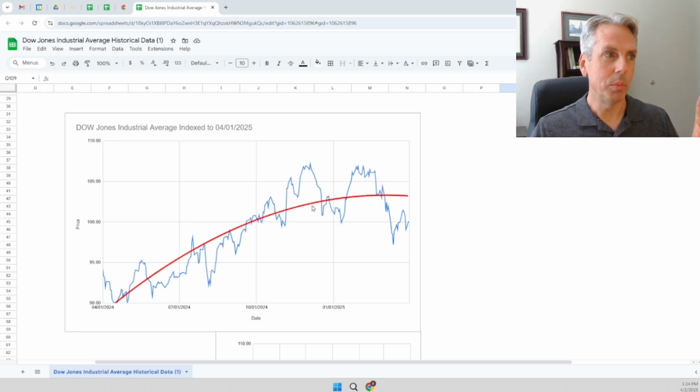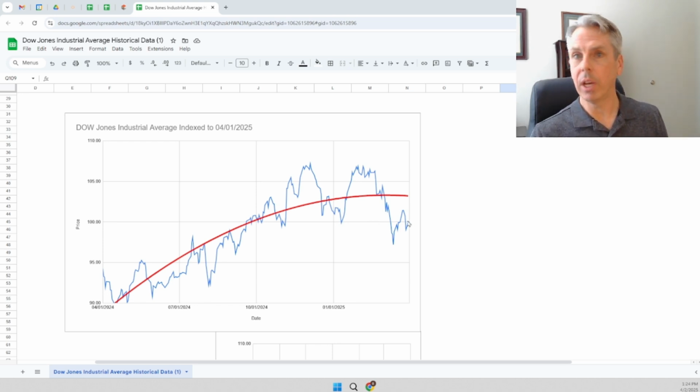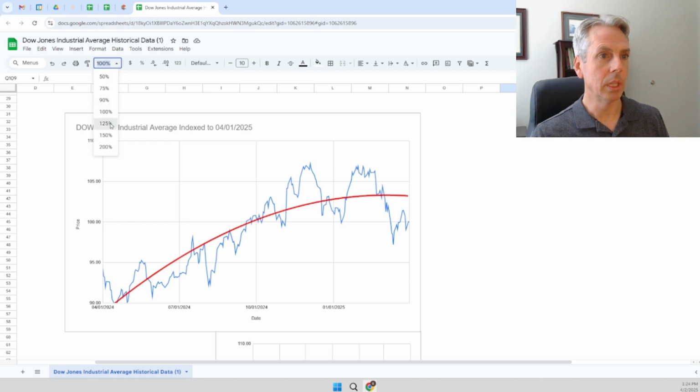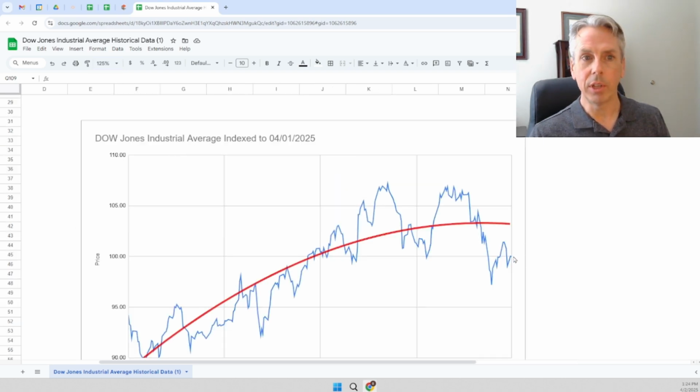The reason I converted the Dow Jones to an index here is just to show you how easy working with an index is. If I take this, I'm going to zoom in a little bit. If I take this most recent moment in time, let's call that the effective date, and that's indexed at 100. Well, if I'm looking back at what the pricing was in the market for Dow Jones stocks a couple of months ago, it's around 106.